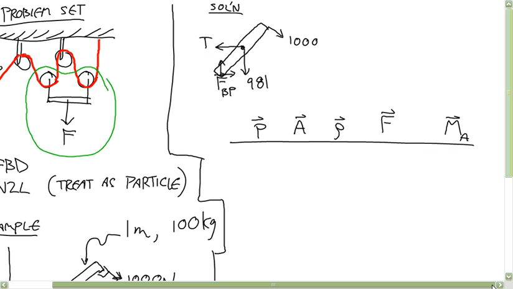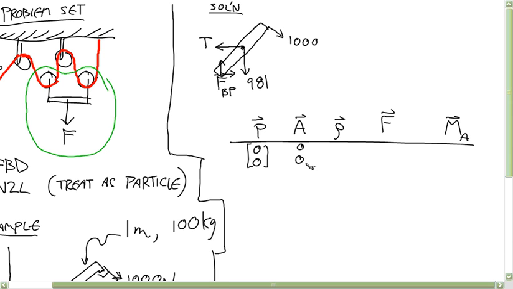Let's start with that force F_BP, the force on the body by the pin. Where is that applied in our coordinate system? 0, 0. And for an about point, I said I'm going to choose the origin. You'd get different numbers if you chose a different about point, but your final answers will be the same.